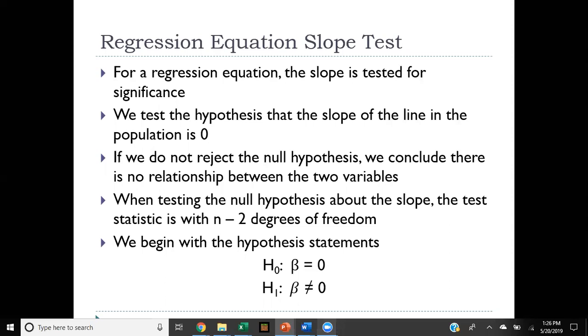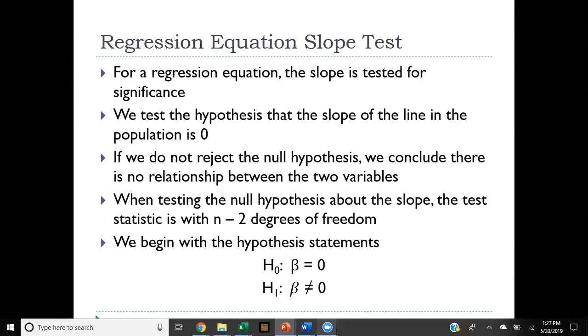If we don't reject the null hypothesis, we can conclude there's no relationship between the two variables. If we reject it, it means that there actually is a relationship between the two variables. Again, we are going to have n minus 2 degrees of freedom because we have two variables. And we do it pretty much the same way we've done every hypothesis testing.